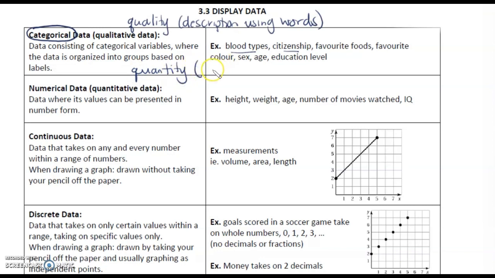And you think a description using numbers. Okay, this is data where its values can be presented, obviously, in number form, such as height, weight, age, number of movies watched, IQ.